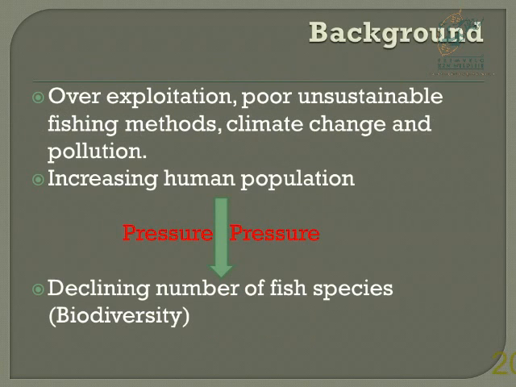Just to take everyone backwards, due to overexploitation, poor sustainability fishing methods, climate change, pollution, and other problems like mining, then we have an increasing human population. All those things are exerting pressure on our oceans, and then we find that our oceans will have a declining number of fish species and declining biodiversity.